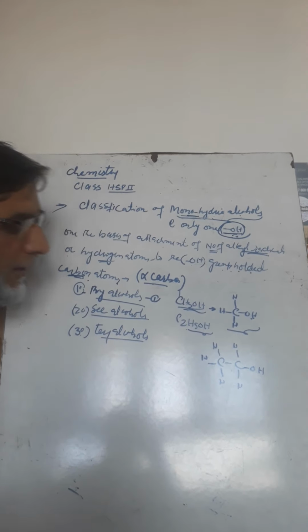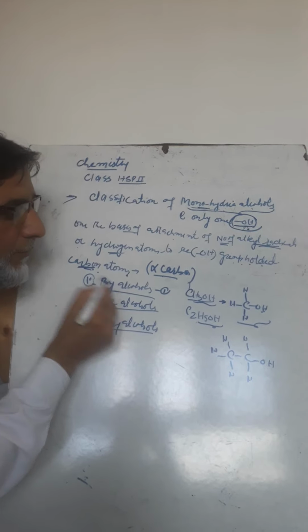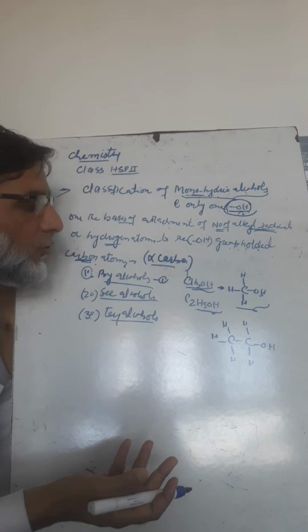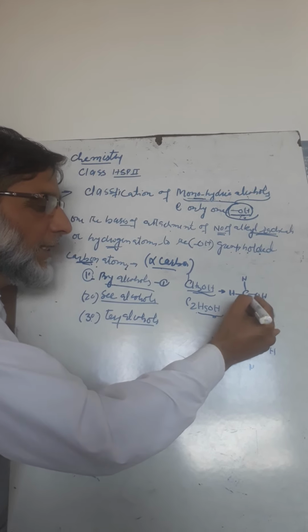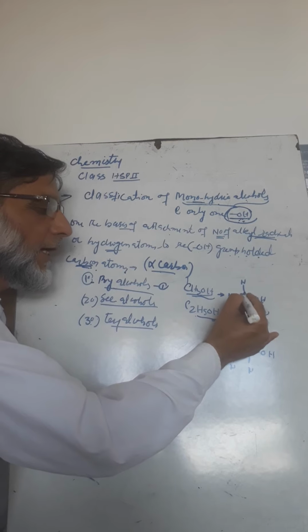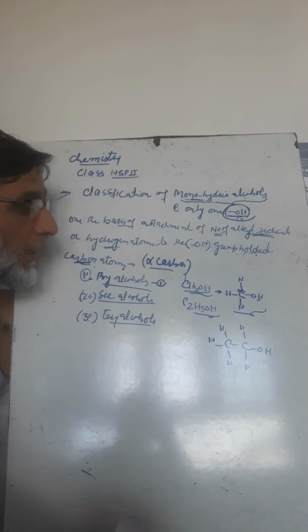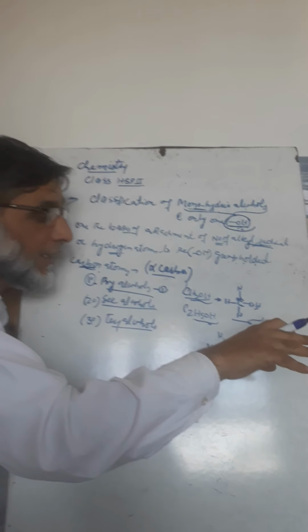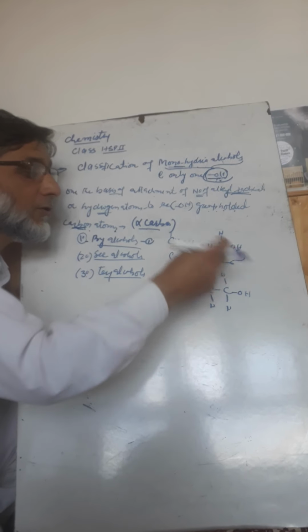Let me understand what is primary alcohol. Let me identify the carbon which is holding the hydroxyl group. It is attached with this carbon, the carbon holding the hydroxyl group. Which atoms of hydrogen or carbon are attached to this carbon?